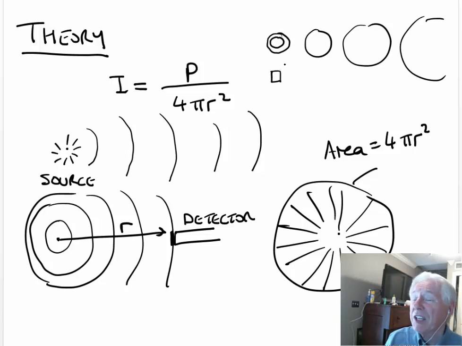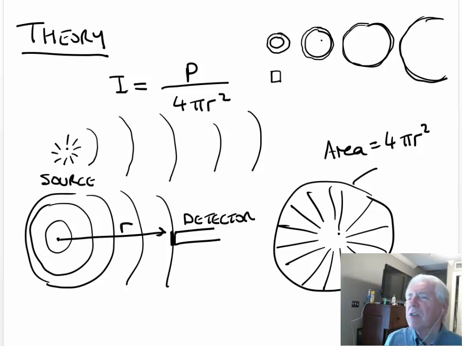There'll be quite a thickness of paint on the first one. On the next object, the thickness will not be as great because the same amount of paint has been spread out over a larger surface area. With an even bigger object, the paint will be even thinner, and on the largest object, even thinner still.